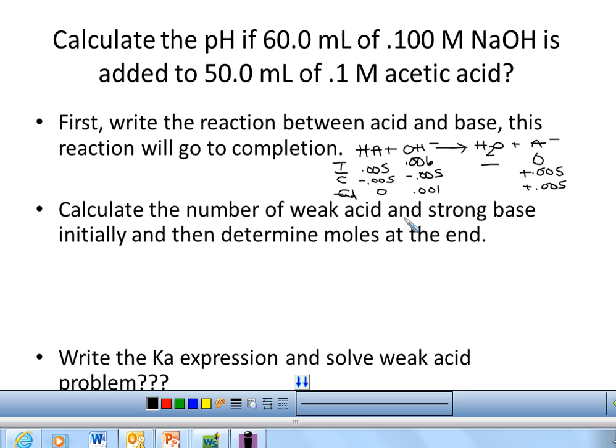So now I have a little bit of weak base that's going to take some hydrogens and leave some hydroxide, but compared to my strong base, really no effect. If I have this much strong base compared to my amount of weak base, there's not going to be that many weak base ions that are going to take hydrogens off of the water.